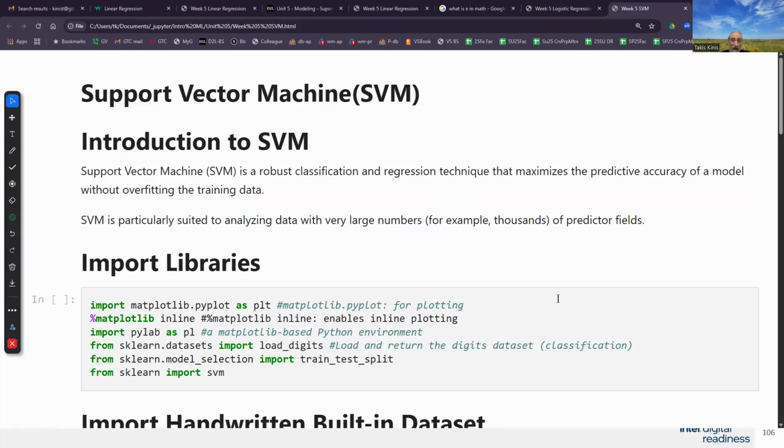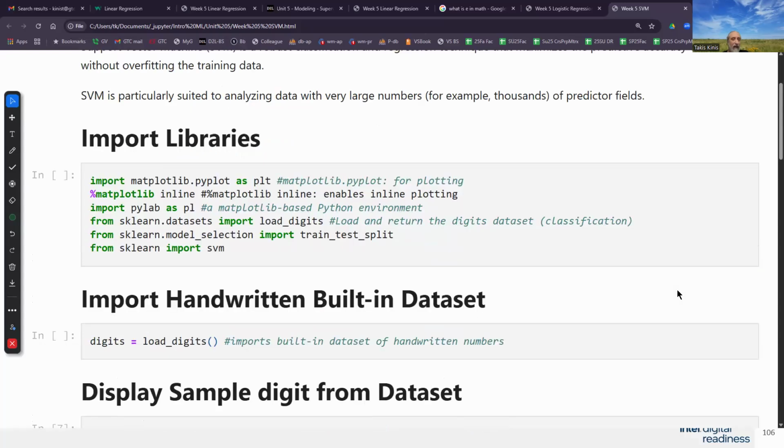Basically, it's robust. It's a regression technique that maximizes the predictive accuracy of a model without overfitting the training data. It's particularly suited to analyzing data with very large numbers, for example, thousands of predictor fields, and is a very, very popular algorithm built on top of KNN.